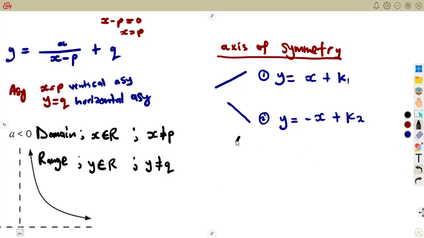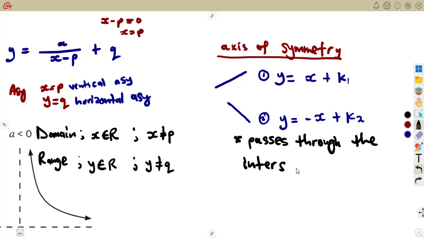Let us just note it passes through the intersection of the asymptotes.